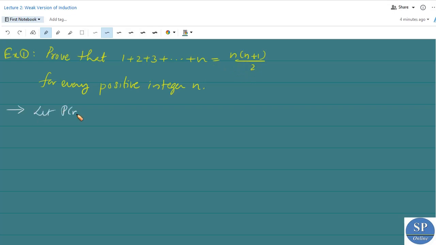Let P(n) be the statement 1 + 2 + 3 + etc. + n is equal to n(n+1)/2. That is, summation i from 1 to n of i is equal to n(n+1)/2.